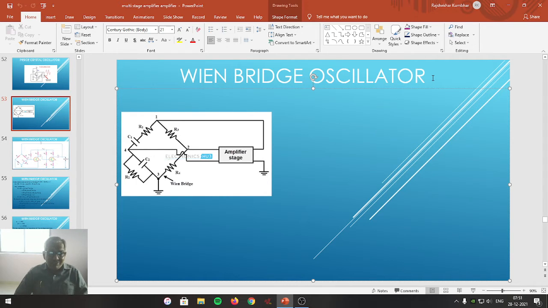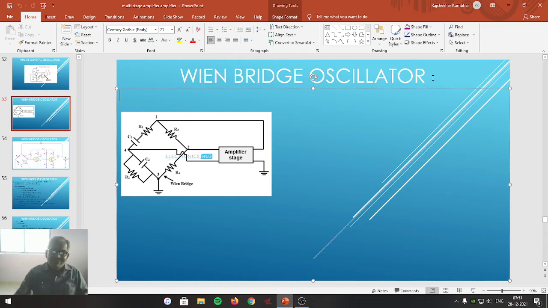Wien is the name of a scientist, and the oscillator is available in the form of a bridge. So that's why it is called a Wien-Bridge oscillator. Obviously, it is an audio frequency oscillator that contains resistance and capacitance in a tank circuit.